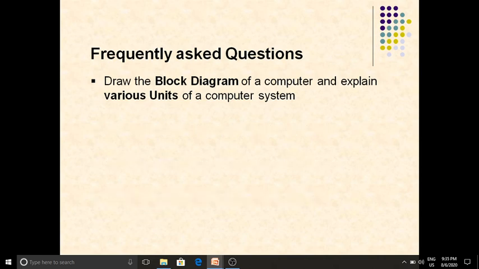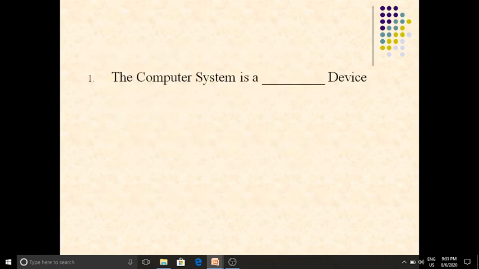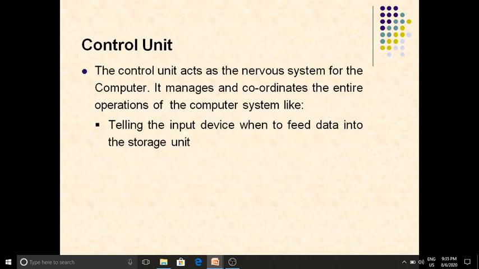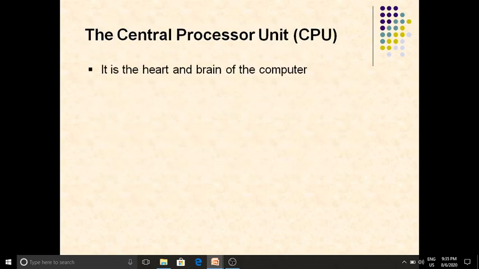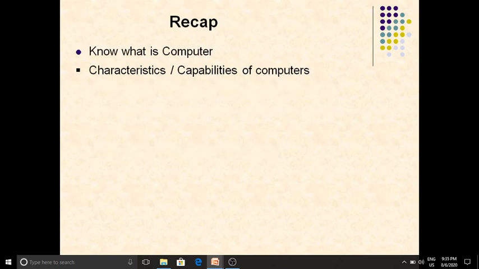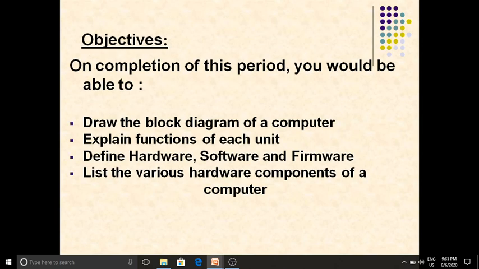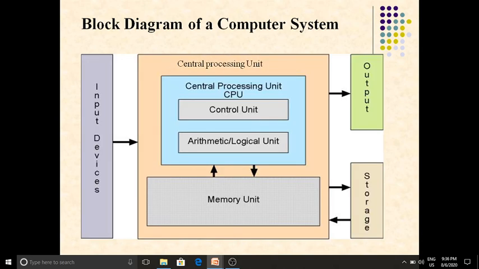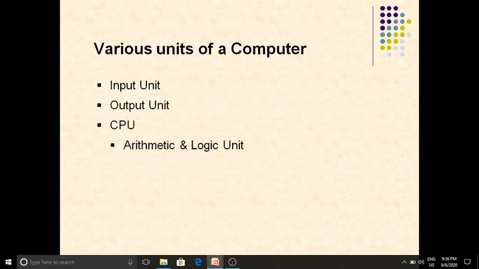Okay students. So these are the topics which we discussed in today's class. Let us have a revision of the topics we have discussed. In today's class we discussed how to draw a block diagram of a computer, and what are the various units of a computer system.